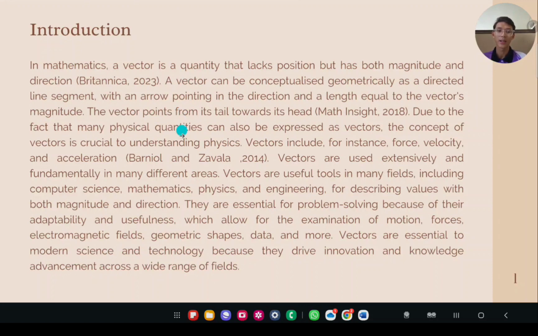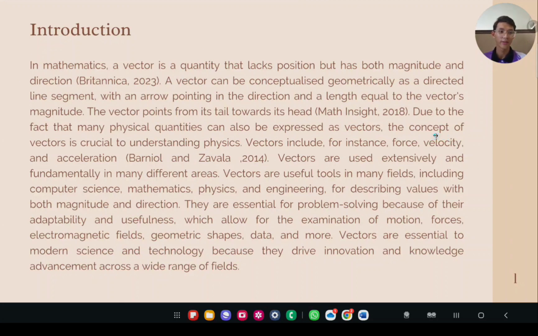A vector can be conceptualized geometrically as a directed line segment with an arrow pointing in direction and length equal to the vector's magnitude. So the vector points from its tail towards its head.